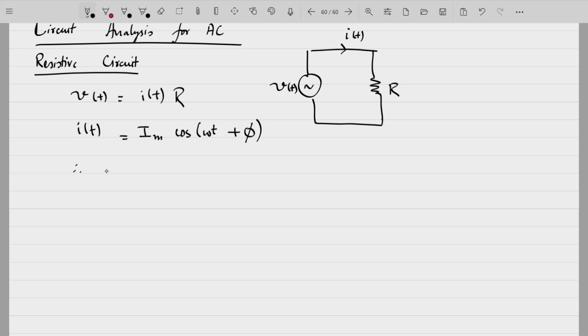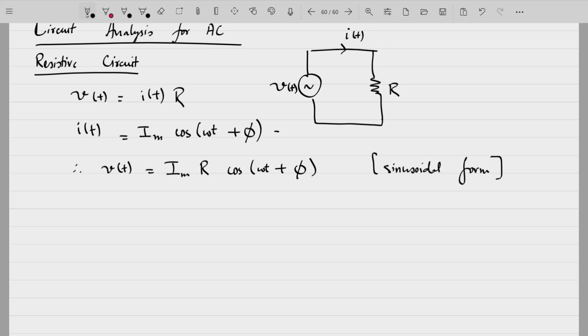Therefore, v(t) will be equal to Im R cos of omega t plus phi. So this is the sinusoidal form of voltage, and this is the sinusoidal form of current. This is the sinusoidal form of voltage for a simple resistive circuit supplied by an AC voltage source.